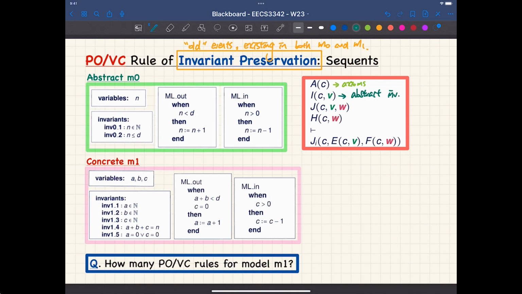You can see over here we're only referring to V. And if you recall, V simply means all the variables in M0, the abstract model. And all the invariants will be the abstract invariants. Over here is simply I.